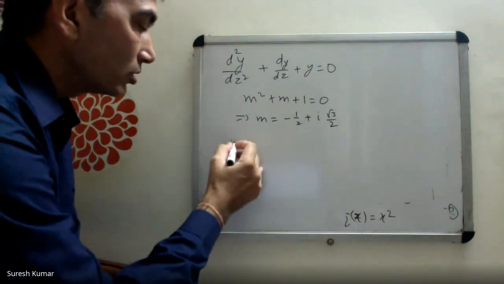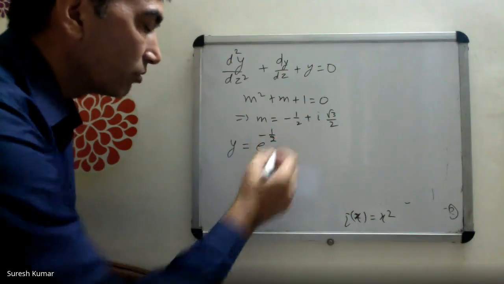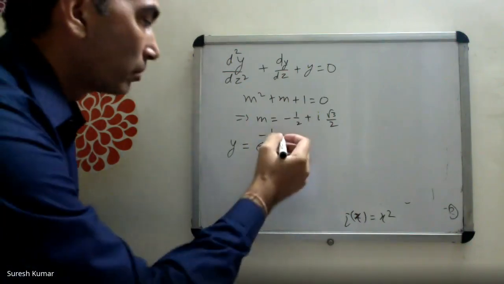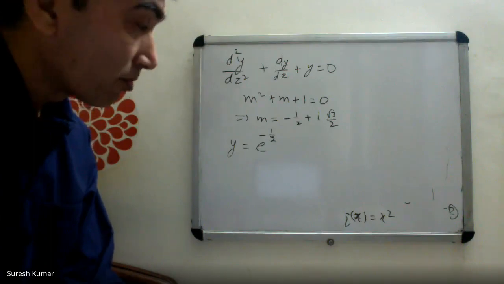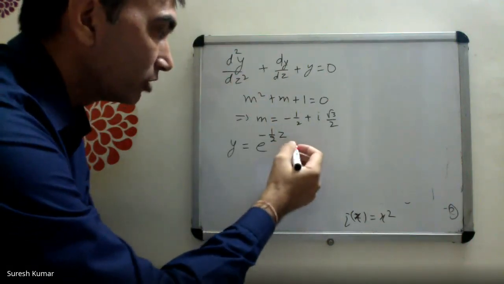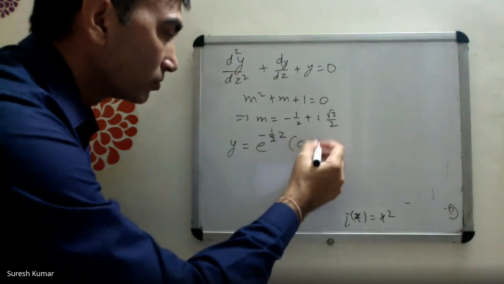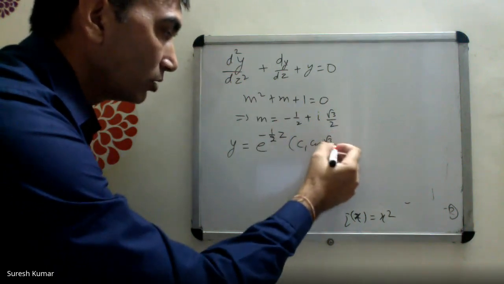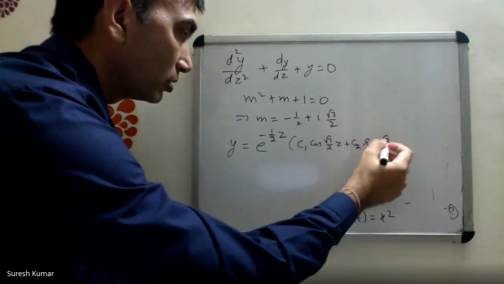So solution is y equal to e power minus half z. In place of x you have z here. Be careful here. So e power minus half z, c1 cos root 3 by 2 z, plus c2 sine root 3 by 2 z.